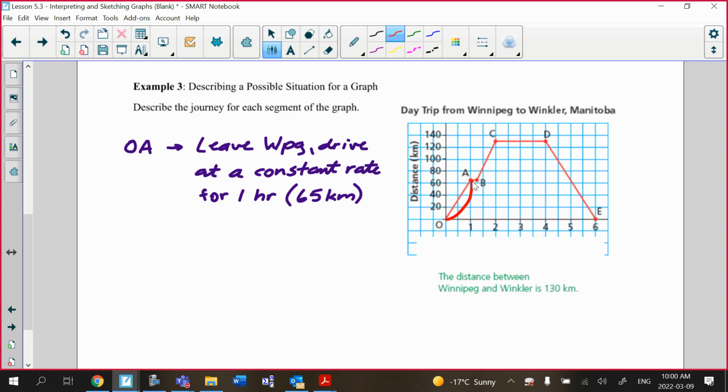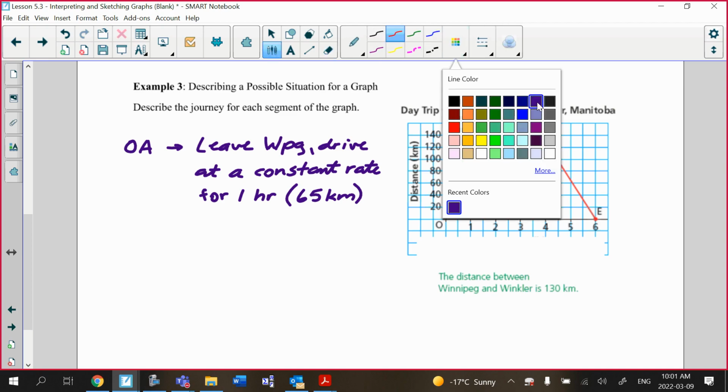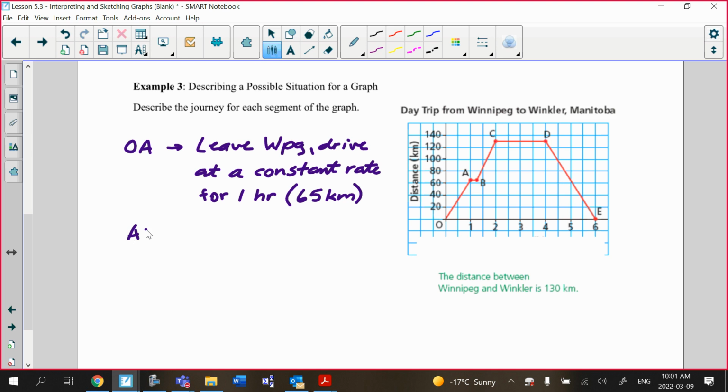What's happening from A to B? What's that? Somebody said nothing? Stopping? For how long? Well, remember, every notch, every grid line is a half hour. So this is half a grid line, right?